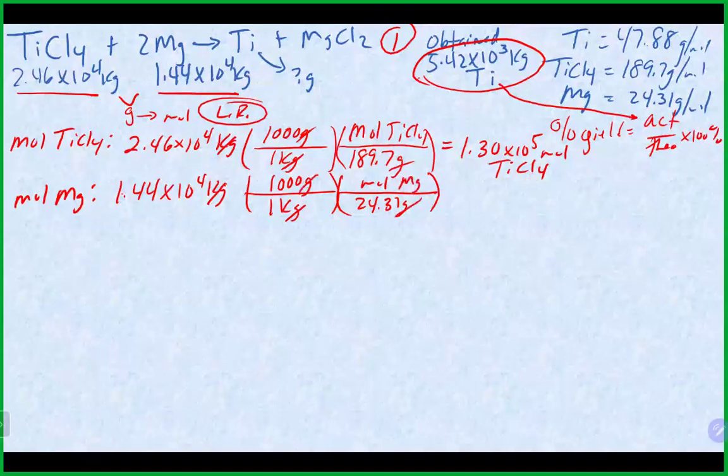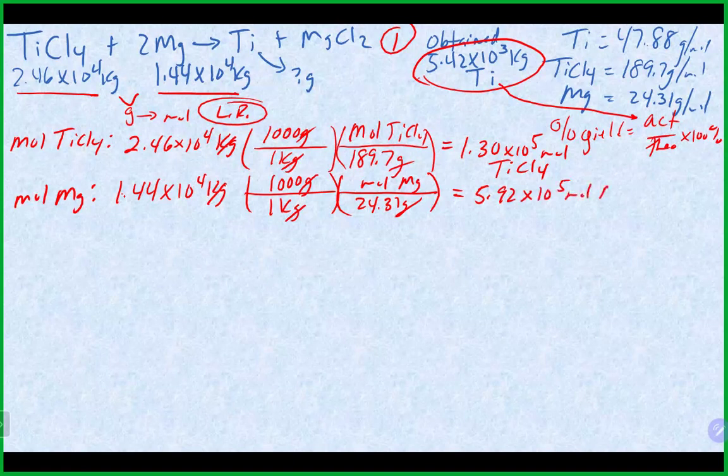The grams will cancel, and we'll end up with 5.92 times 10 to the fifth moles of magnesium.